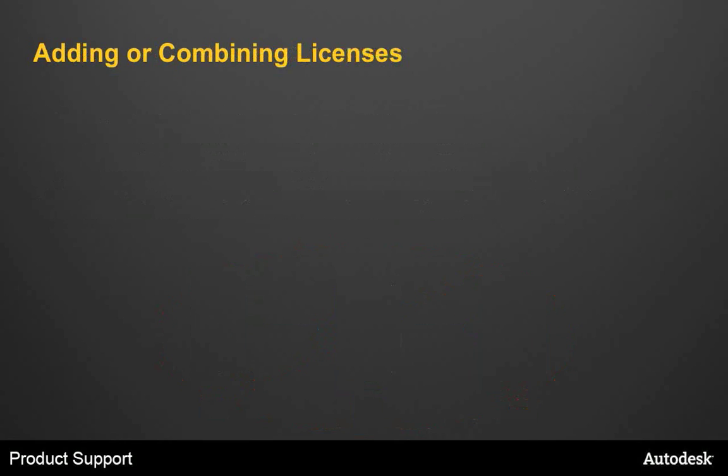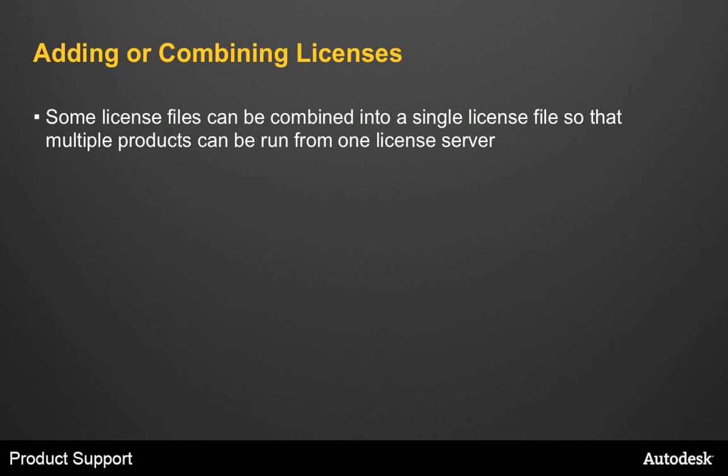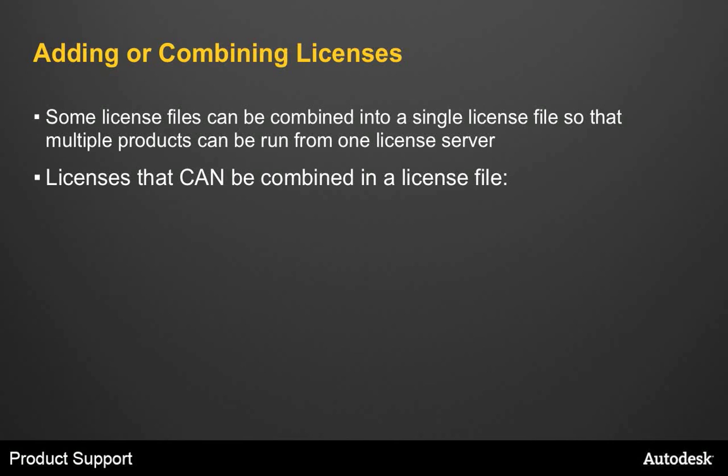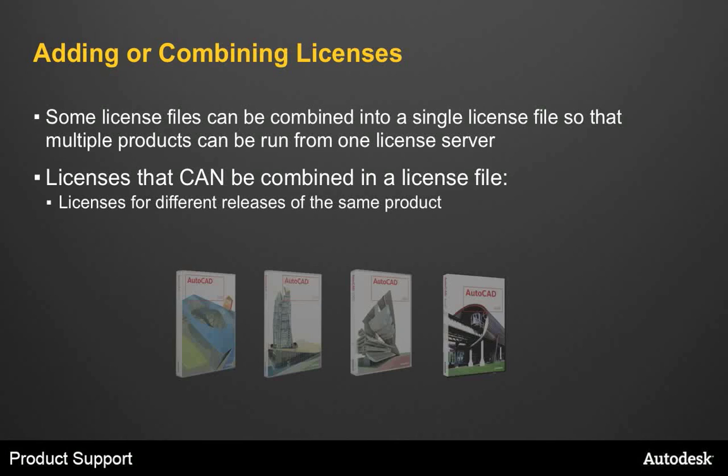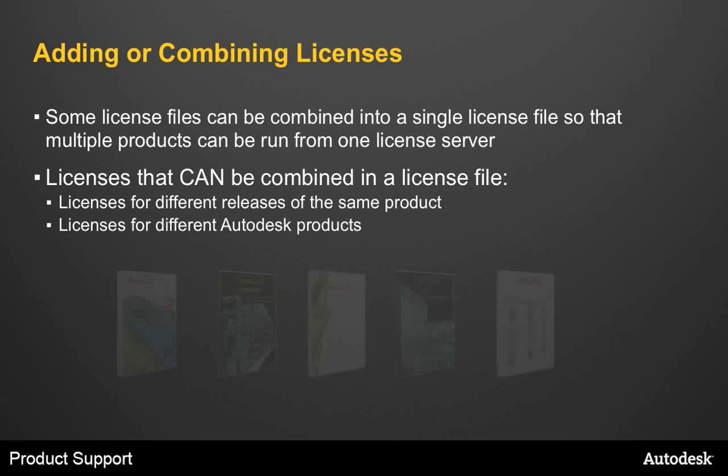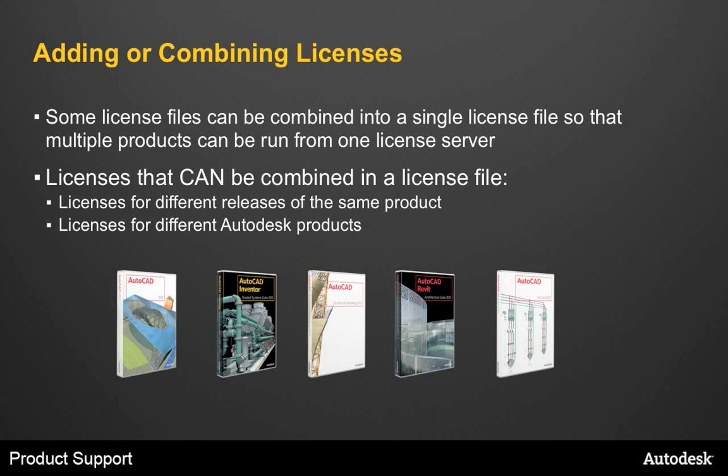Now let's talk about adding or combining licenses. Some license files can be combined into a single license file so that multiple products can be run from one license server. So let's look at licenses that can be combined in a license file. You can combine licenses for different releases of the same product, or licenses for different Autodesk products.